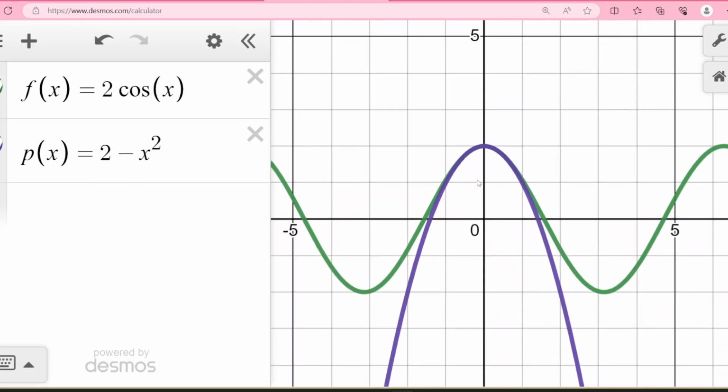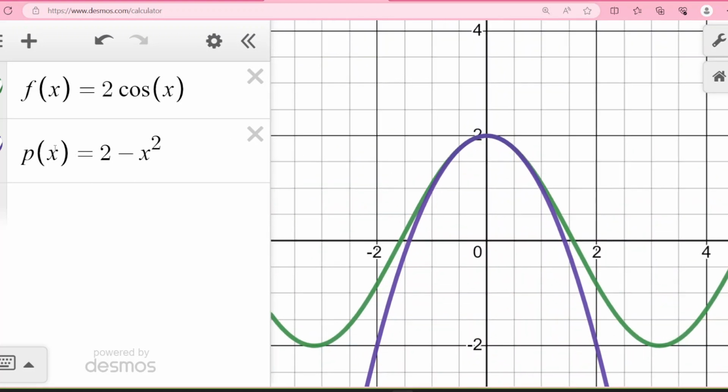See how when we're centered at 0, the polynomial 2 minus x squared pretty well matches. It's pretty close to the graph of 2 cosine x. It's just, the further away from 0 I get, the worse off it is. I'd have to add more and more terms on to get better approximations further away from 0.